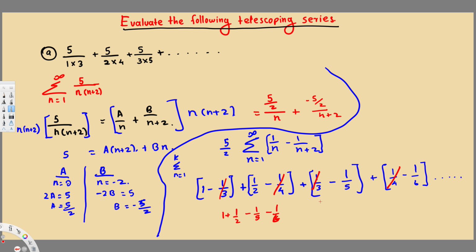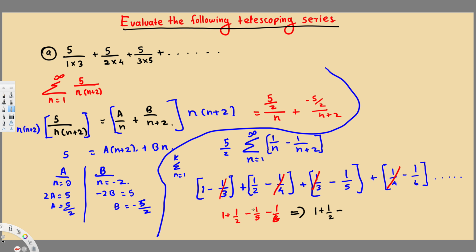So the pattern is going to be like, so what's going to happen? Let's create a pattern. 1 plus half is going to always remain the same. As the value increases more than 2 in the denominator, it's cancelling, right? So that's the pattern. So let's write it in terms of k. This is happening for 4, so let's rewrite this one in terms of k. 1 plus half always remains the same.